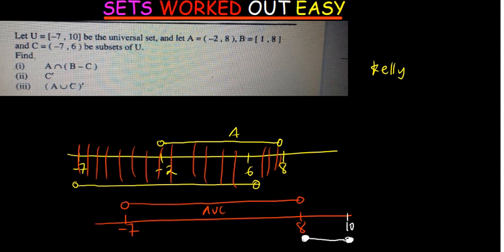And then also negative 7 is part of the universal set, so it will be included in the complement because it's not part of A union C. It will be part of A union C complement. Therefore, A union C complement is going to be negative 7, and then union 8 to 10, like that. So that is going to be it.